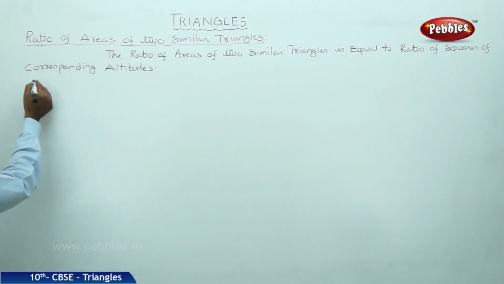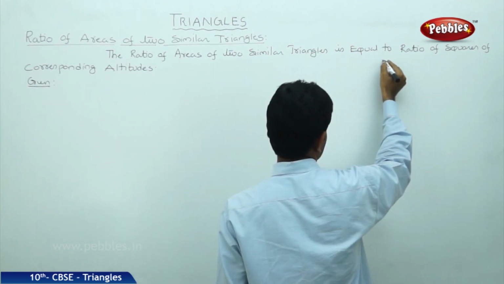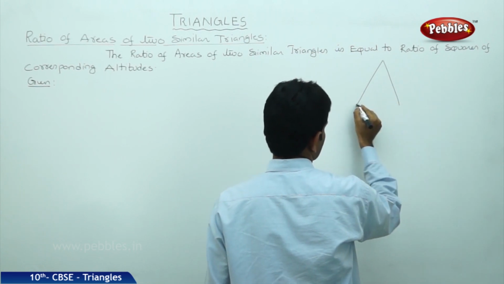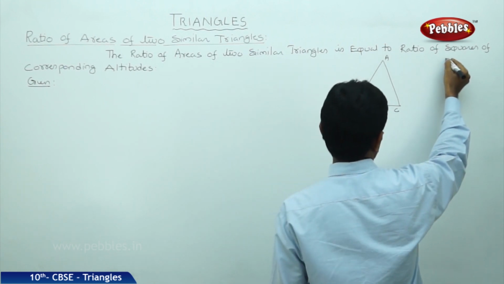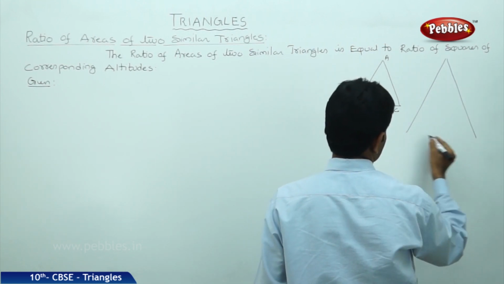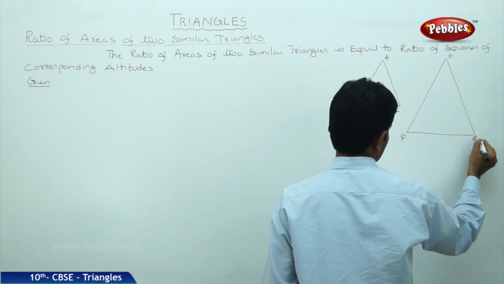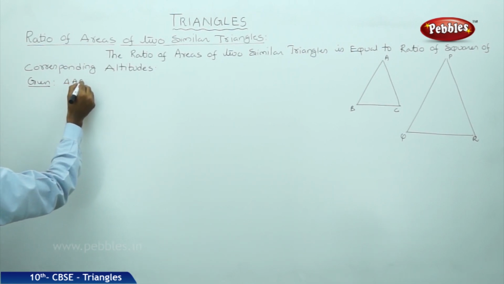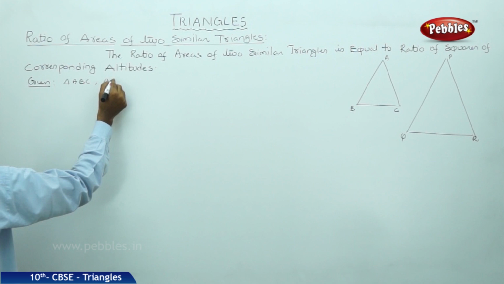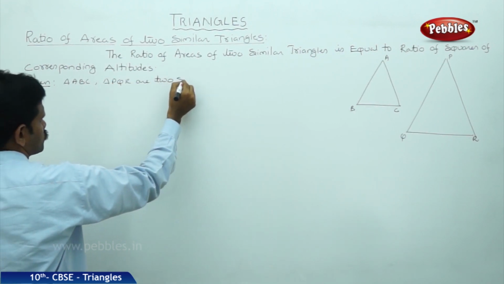That is, given triangle ABC and triangle PQR are two similar triangles.